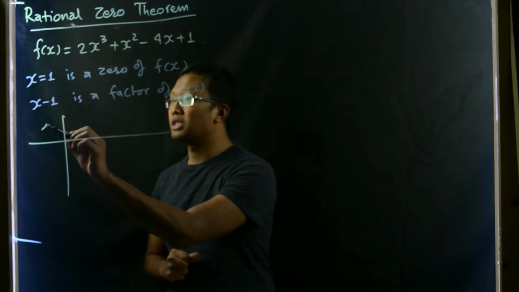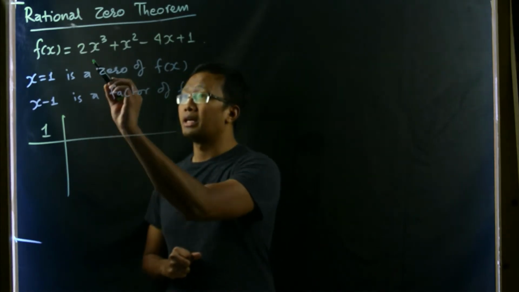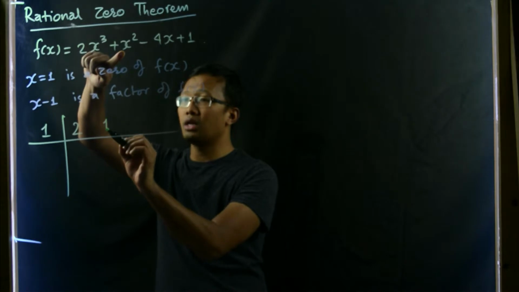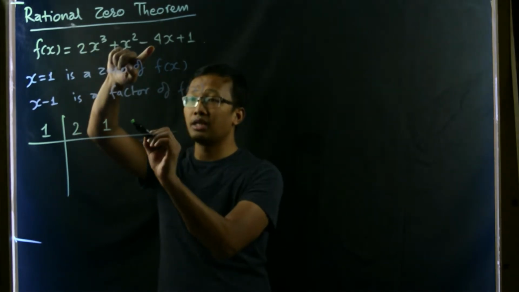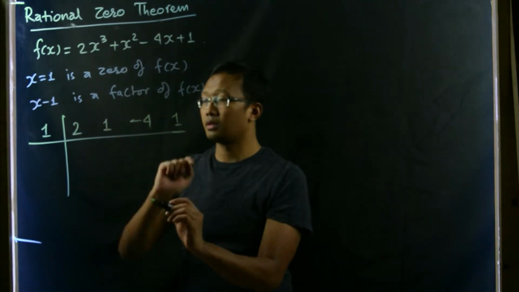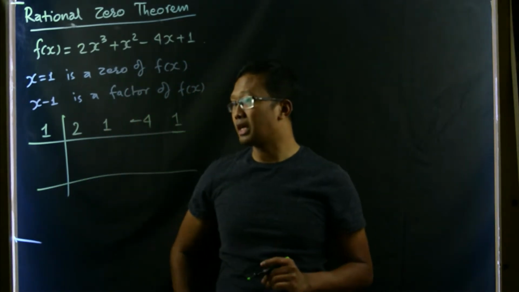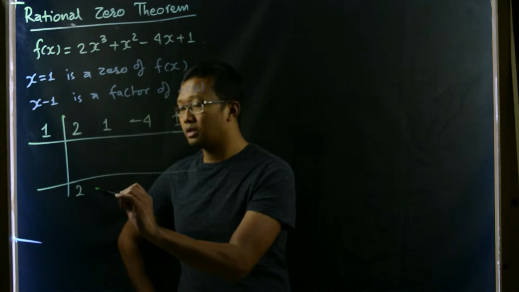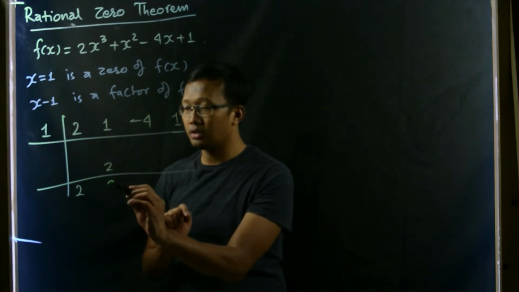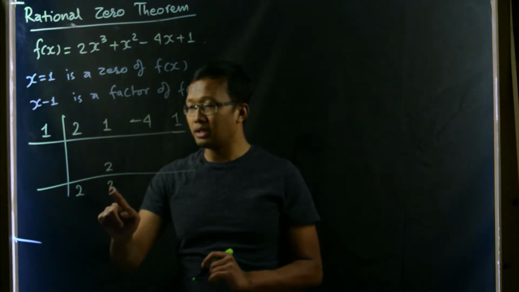So this is 1 and 2 comes here. The coefficient of x squared is 1, the coefficient of x is -4, and 1 is the constant term. Let's finish the calculation. 2 comes down, 1 times 2 is 2, so 2 plus 1 is 3. Then 1 times 3 is 3.